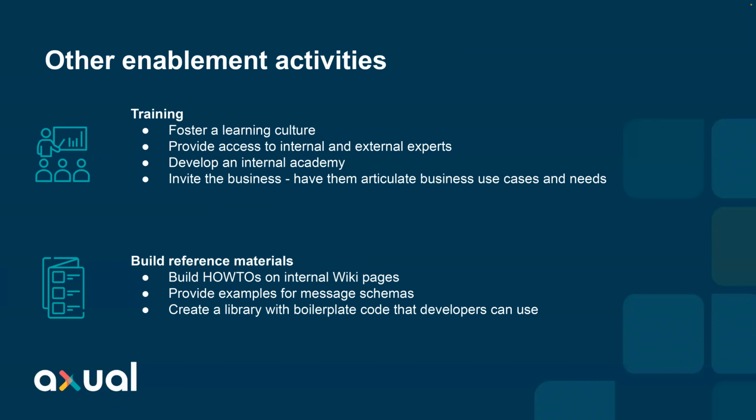They need to get comfortable with event-driven architecture. They need to get comfortable with the technology itself, but they also should be comfortable with making mistakes, because especially in the beginning there will be some mistakes made, but that's all fine. It's a way to get going, but making those mistakes and learning from those mistakes is already better than not having a platform and doing nothing at all.